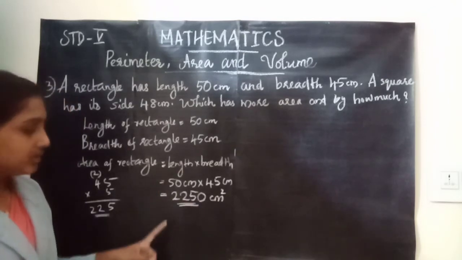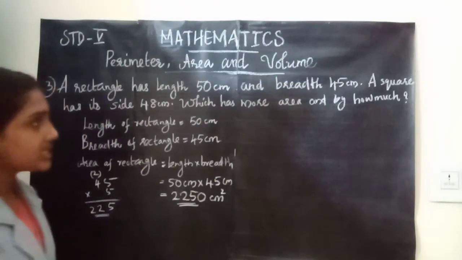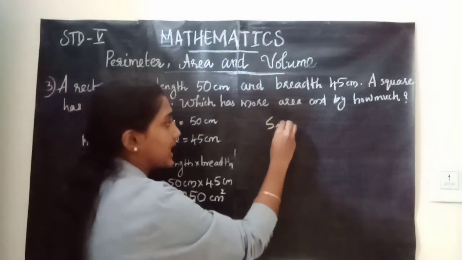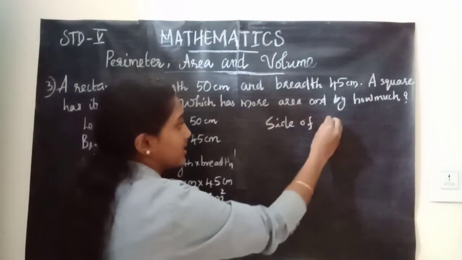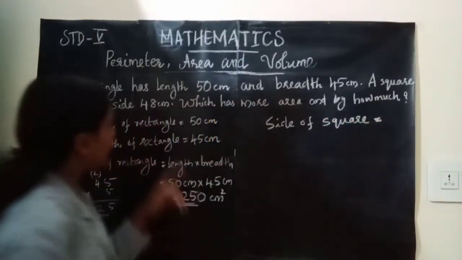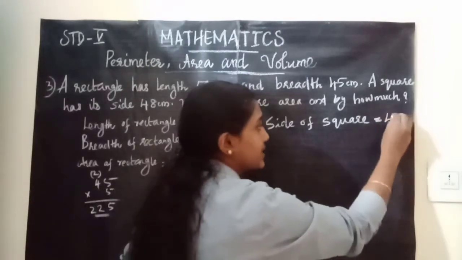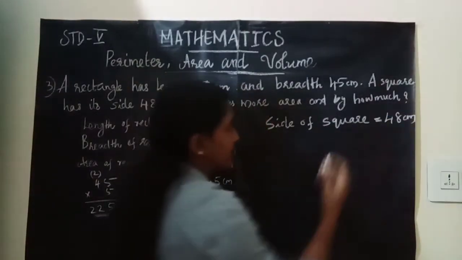Okay. Now we need to find the area of the square. For that the side of the square is given and it is 48 centimeter.